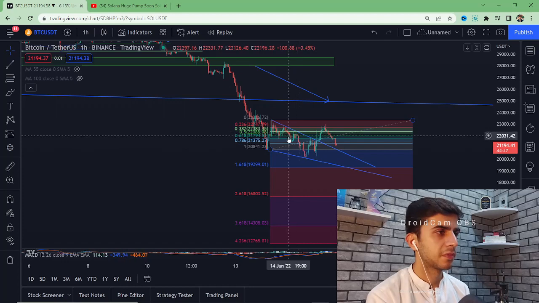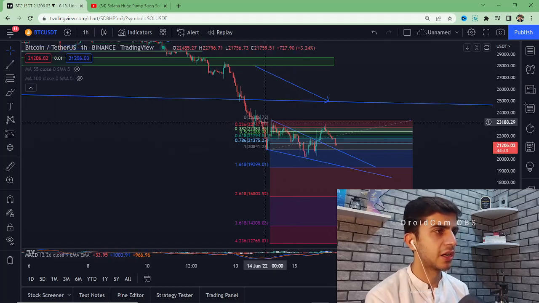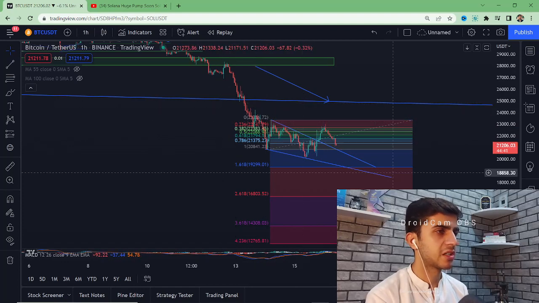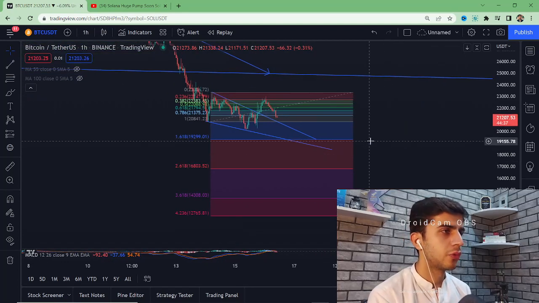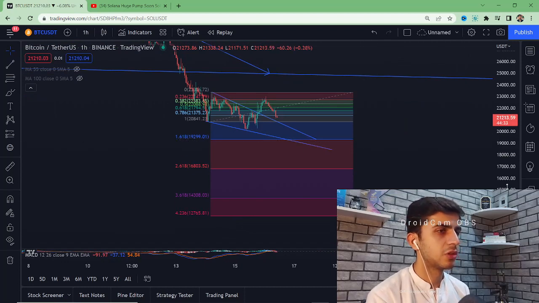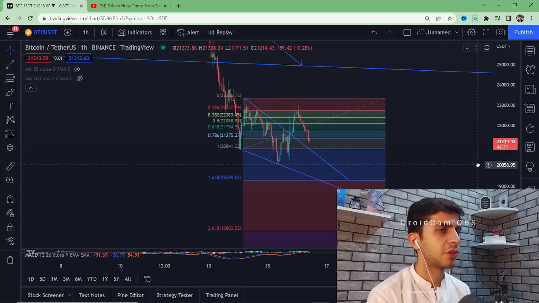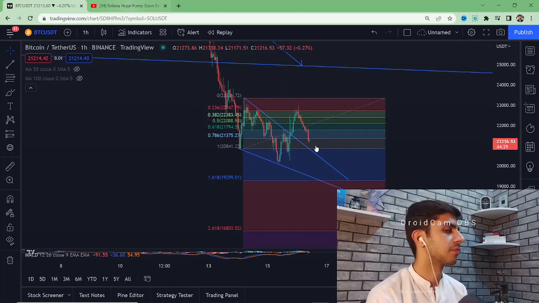This is the area that I warned you about again and again. We saw some resistance there, but unfortunately we broke that as well. So for now, I want to watch this area, 19,287. First, watch this reaction.